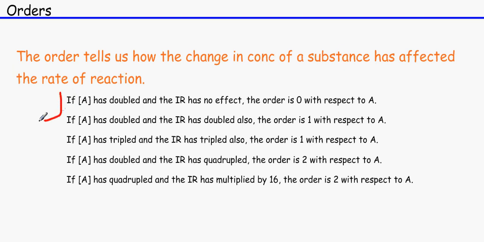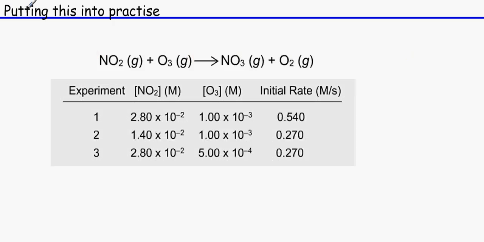These are all basically what you need to learn, but we're going to put this into practice. Okay, if you prefer to just learn things off by heart, definitely learn this. But if you want to know how this actually works, just wait and move on to the next page. So let's say that I performed an experiment using this, and I want to check out the effect of doubling the concentration of NO2.